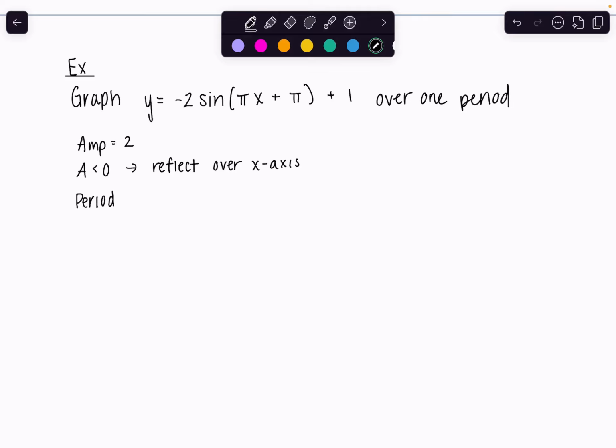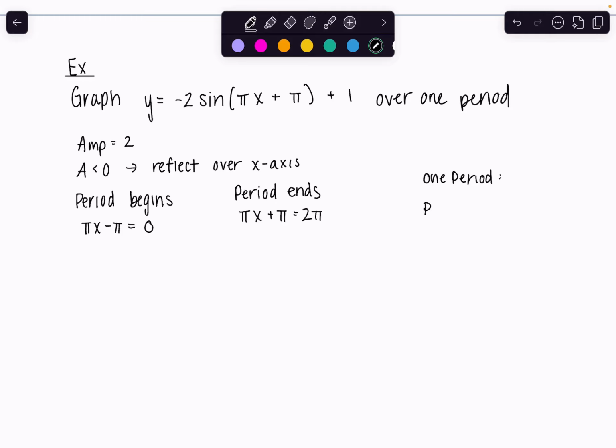So my period begins when the inside is equal to 0, and my graph will end when the inside equals 2 pi. Okay. So this will tell me what the interval is for one period.